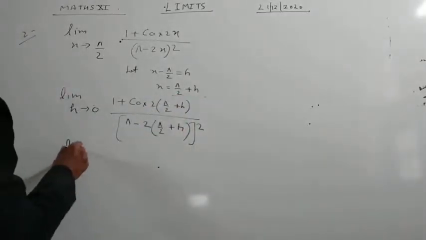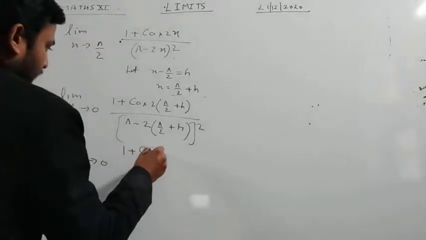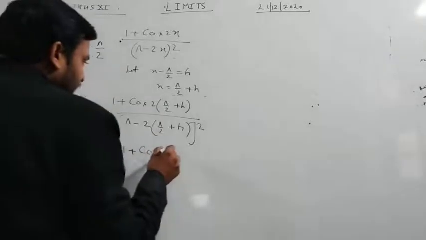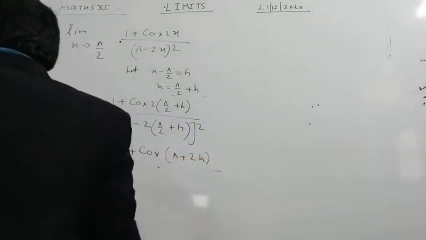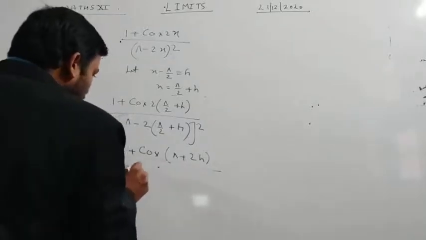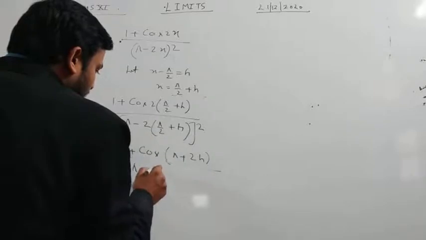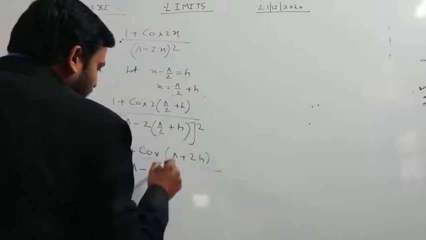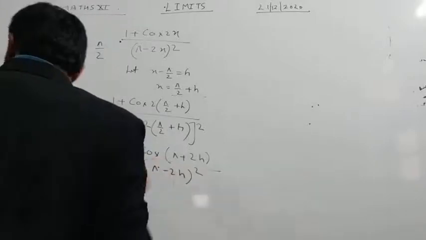Now limit h tends to 0, 1 plus cos, sending it inside we get pi plus 2h, by pi minus, and the pi will be cancelled, so we write minus pi and this is minus 2h, and then the whole square.